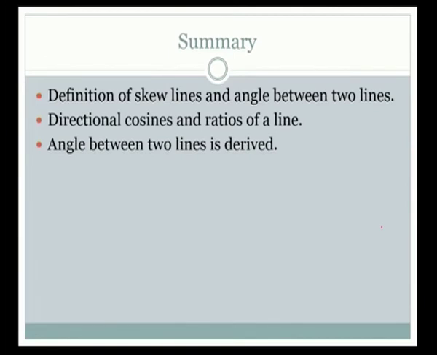Then directional cosines and ratios of a line. Directional cosines are nothing but the cosine of the angle made by the line with the three axes, the x-axis, y-axis, z-axis. Then direction ratios are mere numbers which are proportional to the directional cosines. These are all the concepts we learnt from this lecture.